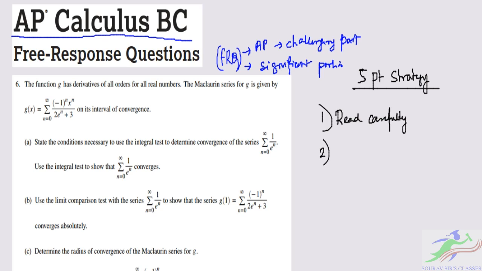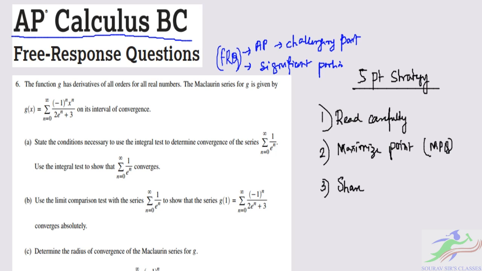Point number 2, the second strategy, is to maximize your points on multiple-part questions. Here you can see the A, B, C, 4 parts to this question, so we will try to maximize the points on this multiple-part question.